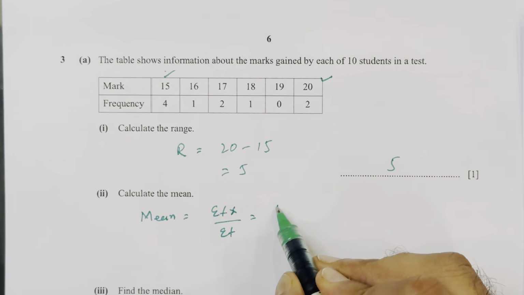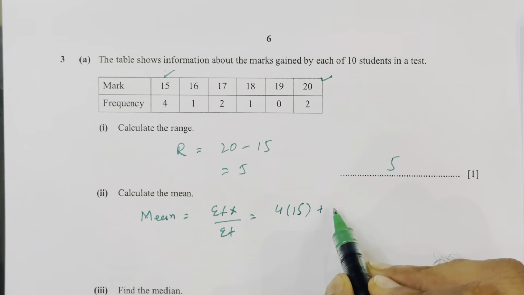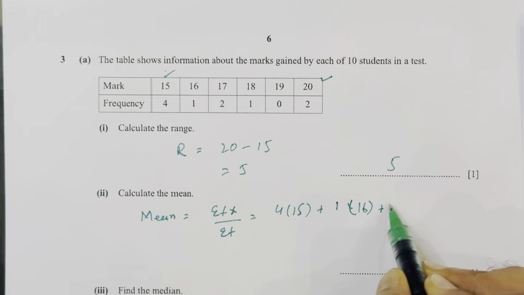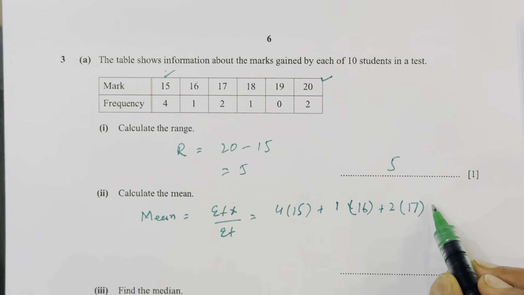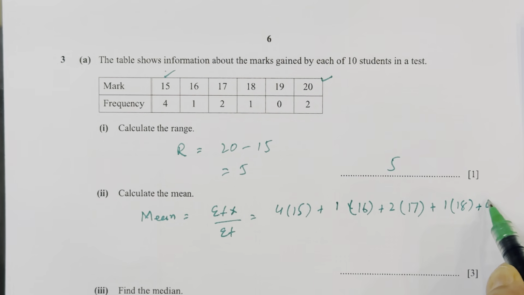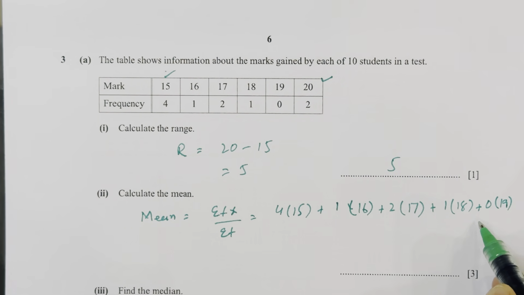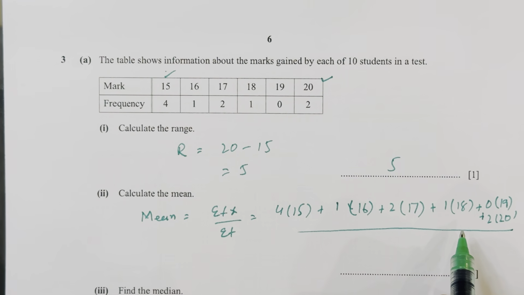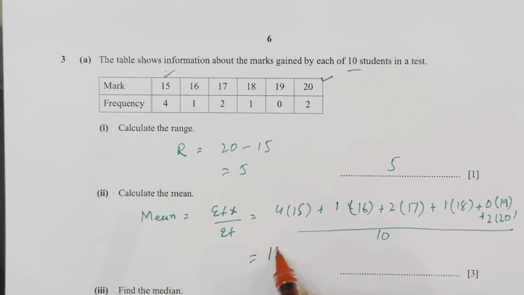So 4 into 15, then 1 into 16, then 2 into 17, then 1 into 18, then 0 into 19, and also 2 into 20, and we have to divide, and we know that the total value is equal to 10, so we're gonna divide by 10. After solving it, we get the value of mean, that is equal to 16.8.